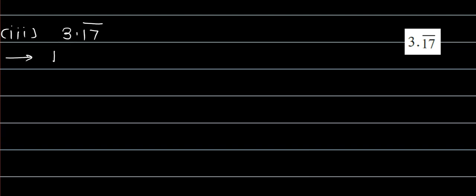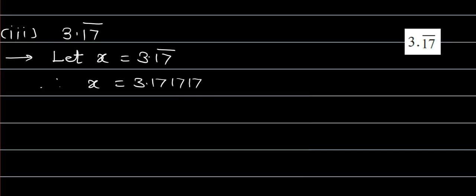Next, 3.17 recurring. Let x equal 3.17 recurring. That is x equals 3.171717 dash dash. This is equation number 1. Next, multiply on both sides by 100.